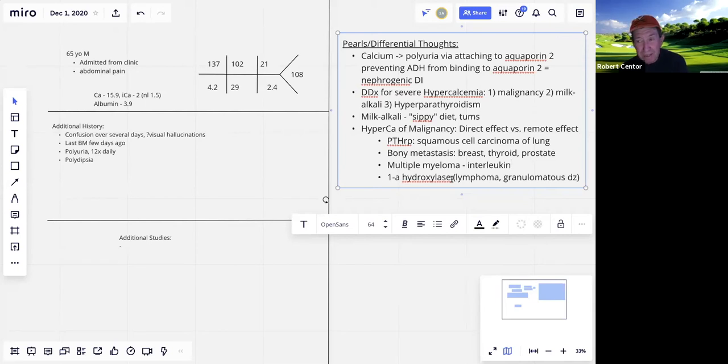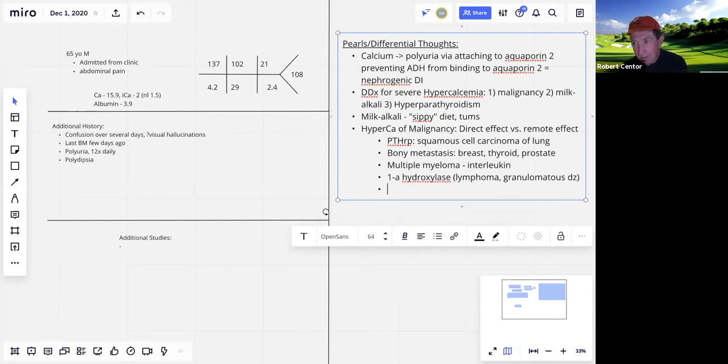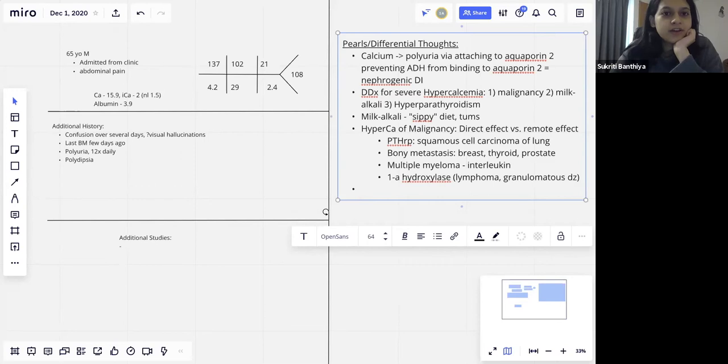So we know the mechanism, right? We're stimulating 1-alpha hydroxylase. If we stimulate 1-alpha hydroxylase, what do we get? 125 dihydroxyvitamin D. Right.